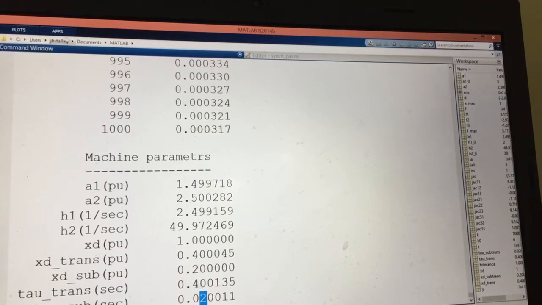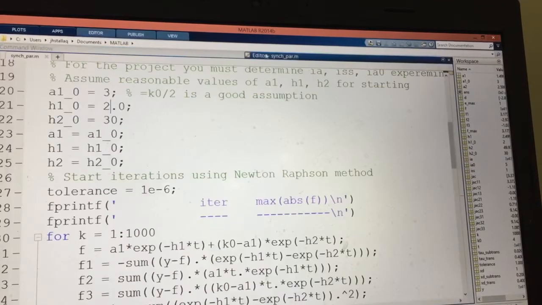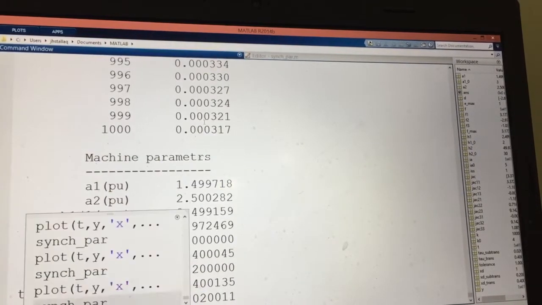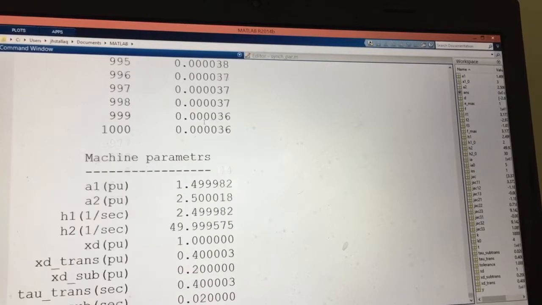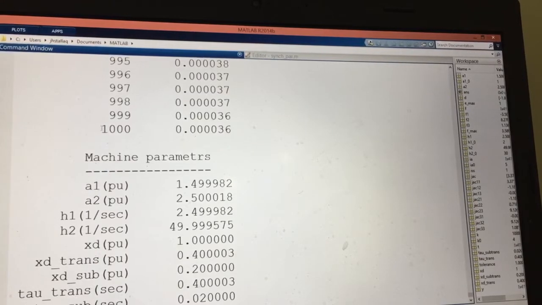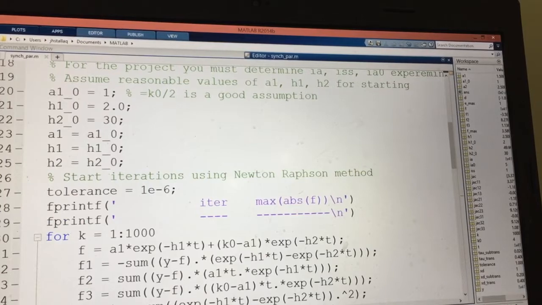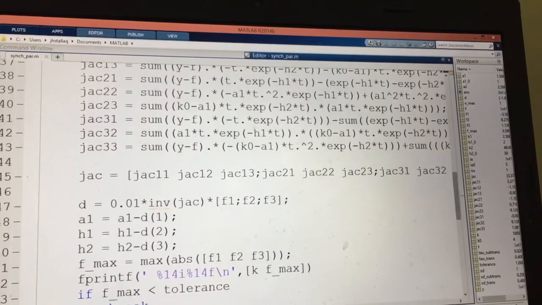It's not near 0.2. You can start also reducing this to 1 and see. Okay, and do it again. Here it also succeeded, but we need more than 1000 iterations. Now we'll go to 0.01, increase it to 0.02 and see what happens.